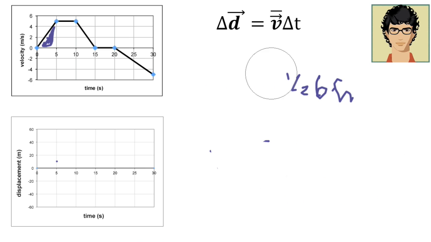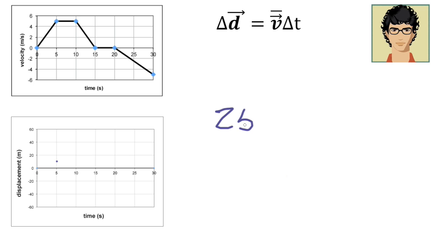Okay, let's clean up the board a little bit and see what happens. All right, so we're done with those areas for the first 5 seconds. Now, for 5 to 10 seconds, we have a constant velocity, and so we just take the area of this rectangle. So it looks like it's 5 by 5, base times height. 5 meters per second times 5 seconds gives us 25.